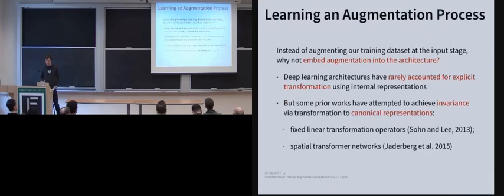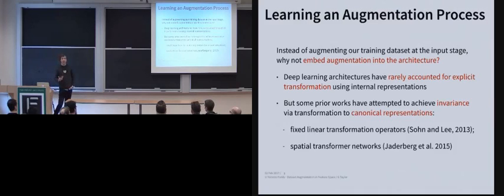So what brings me to the topic of today's talk is thinking about embedding this augmentation procedure into the architecture, not doing it at the level of the inputs, but actually doing it at the level of the model. It's actually been quite rare for deep learning architectures to account for transformations of inputs.